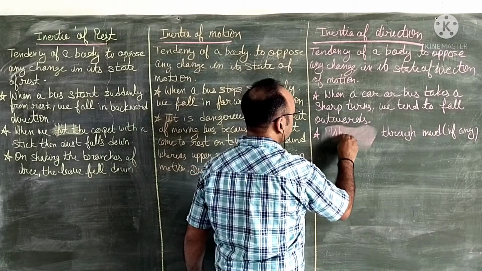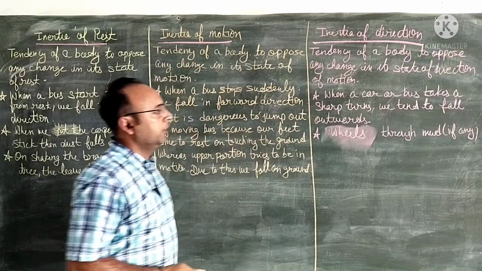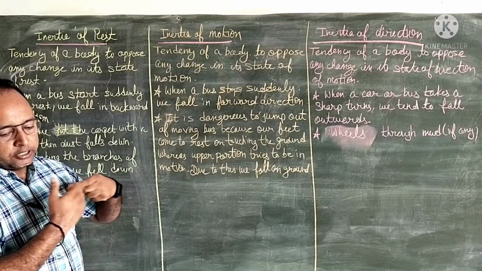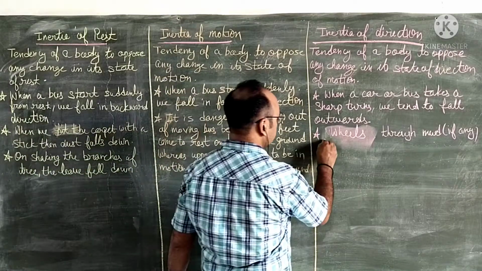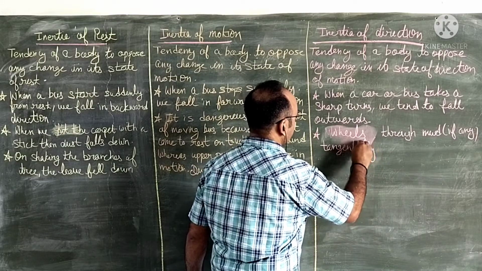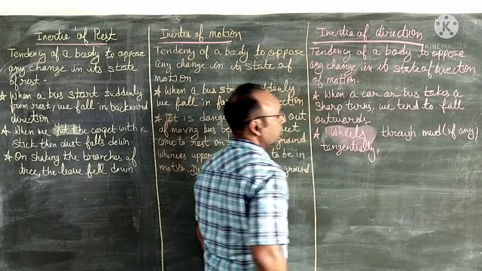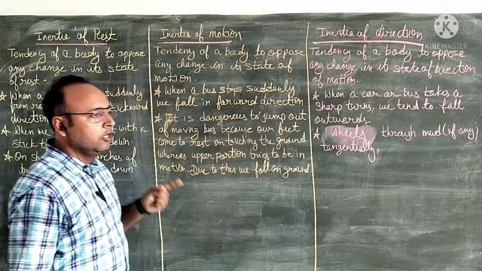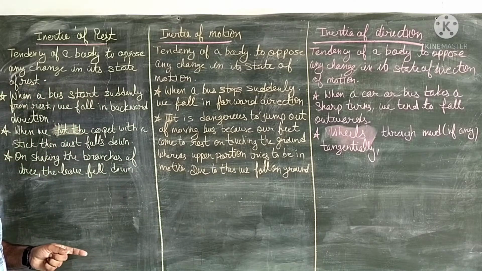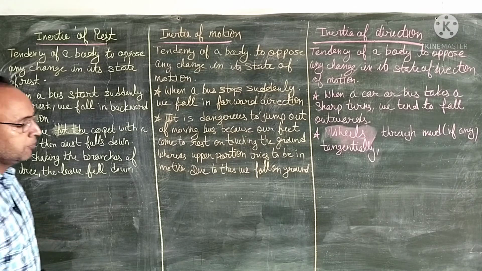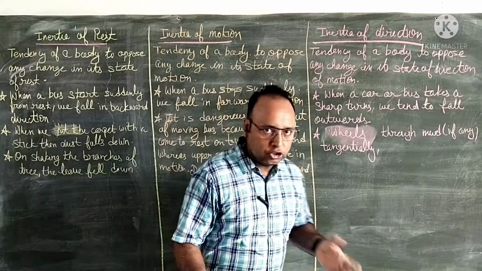So wheels throw mud tangentially due to inertia of direction, and mud guards are used to protect the person from the mud. Right? So these are the examples of inertia of direction.